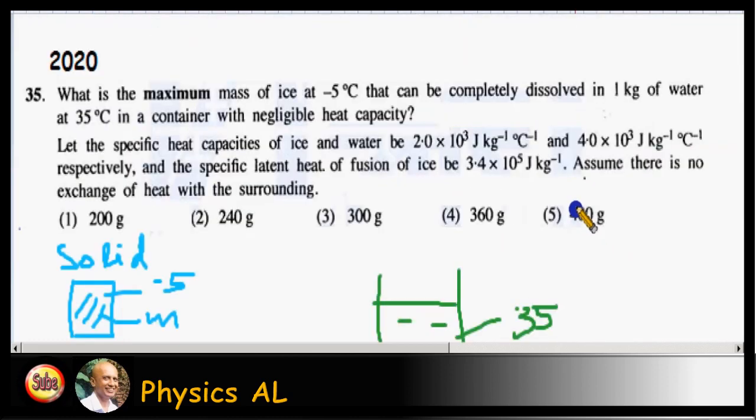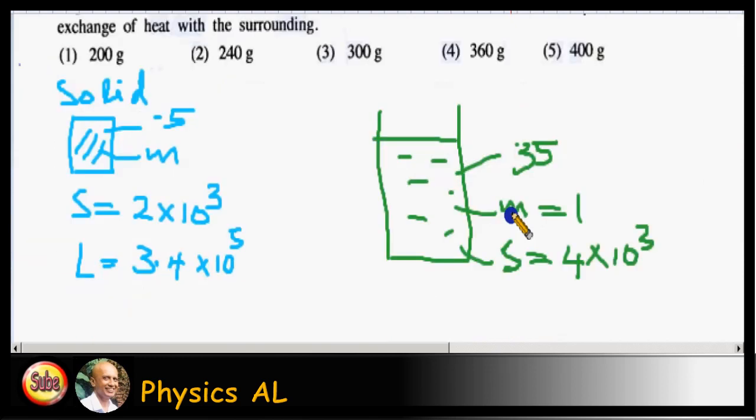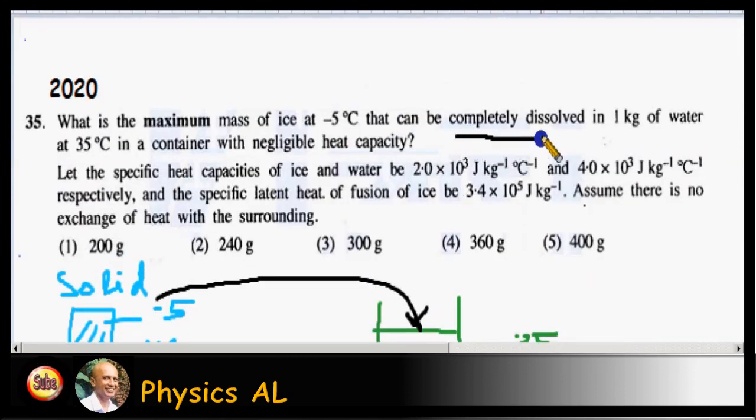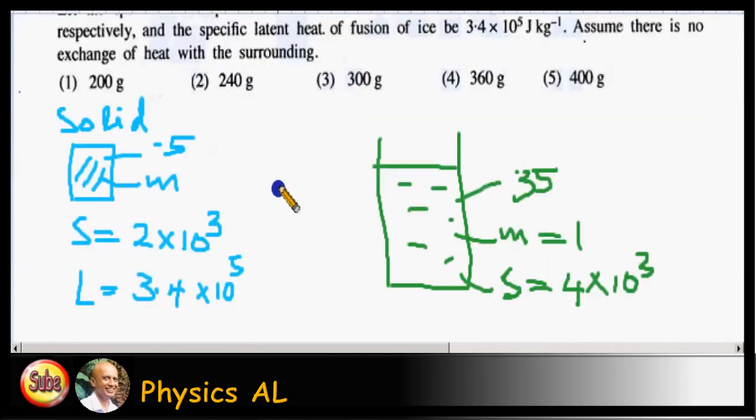Then what they have done: drop this piece of ice into this water and mix it perfectly until the piece of ice completely dissolves. So we have to find out the mass of ice. This is what we have to find.